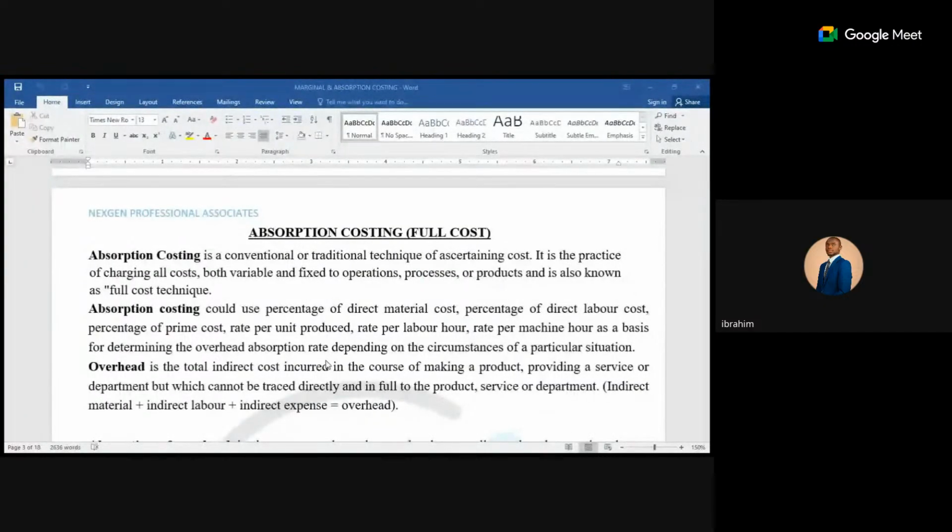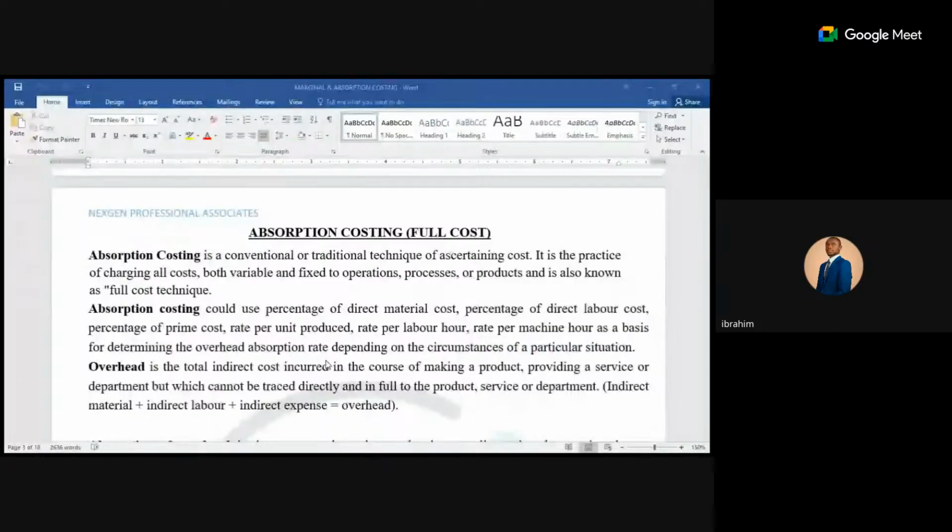Labor, once you use it to produce, is direct. But indirect is like a service. Let's say, for instance, supervisors just come. They won't do anything on the product. They'll just come and look at what you are doing and say, okay, that's fine, you are doing well. It is an indirect cost because you did not incur it directly in the production. It is just like a service. So what I'm trying to explain here is that overhead costs are costs that cannot be traced.